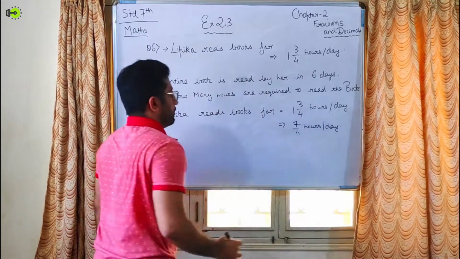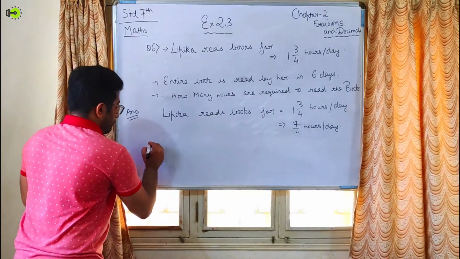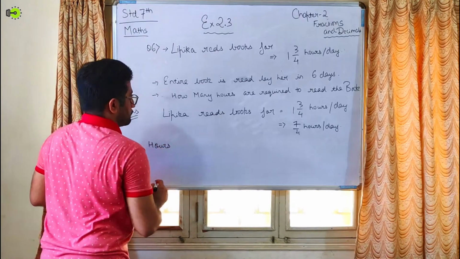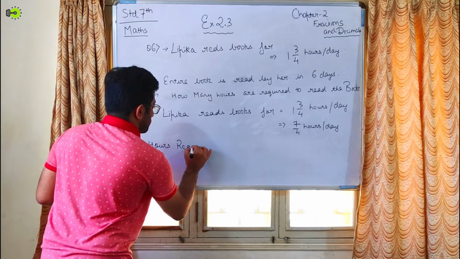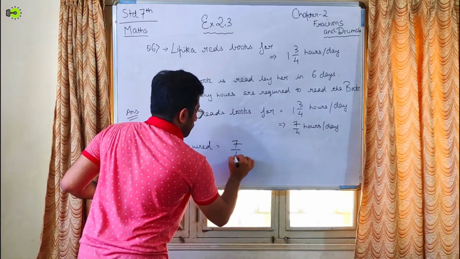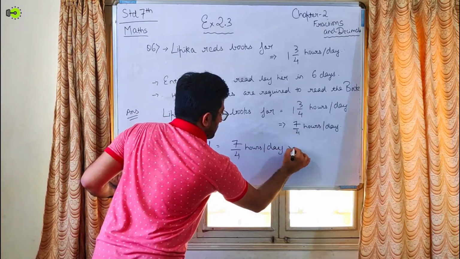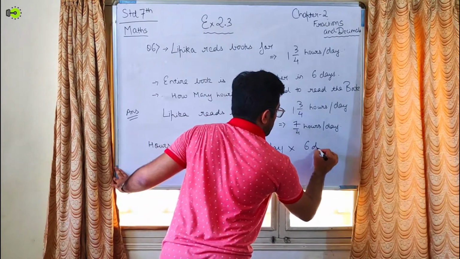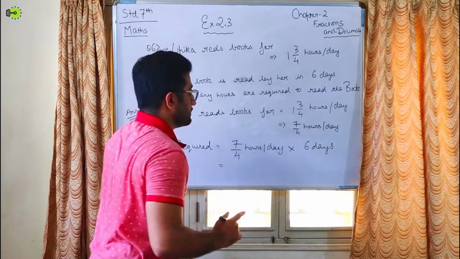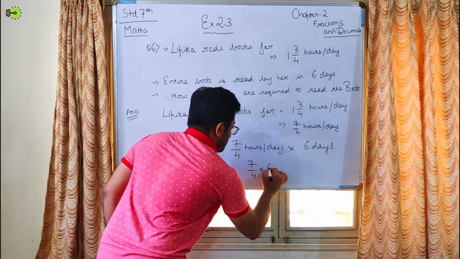Now we know that she completes a book in 6 days. So hours required is 7 by 4 hours per day multiply 6 days, because she completes reading a book in 6 days. So 7 by 4 multiplied by 6.